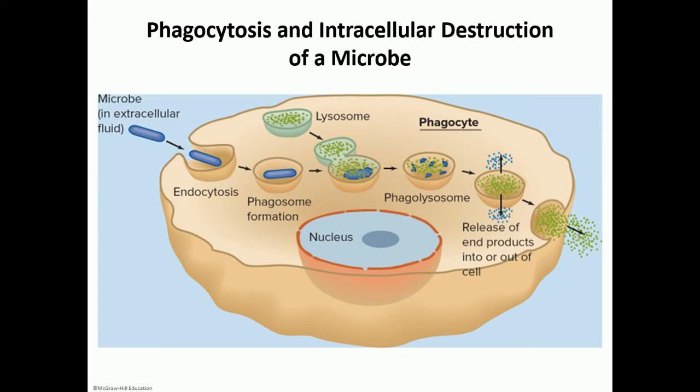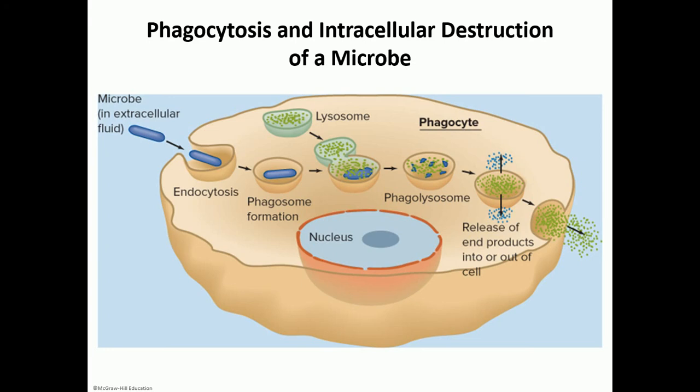So this is the process of phagocytosis. You see here one of the phagocytic cells, and the phagocytic cells are mainly macrophages, neutrophils, and monocytes. A couple of things to keep in mind: macrophages are pretty much the same as monocytes.